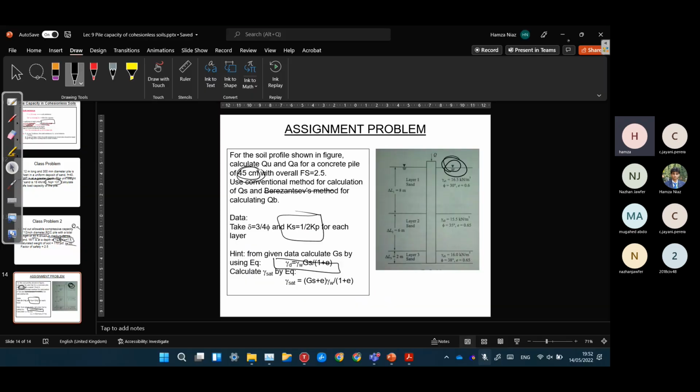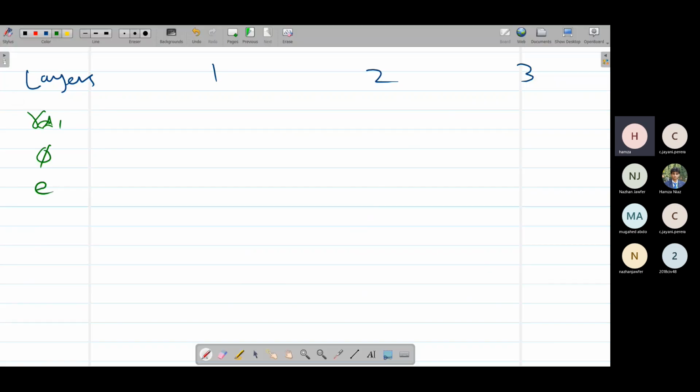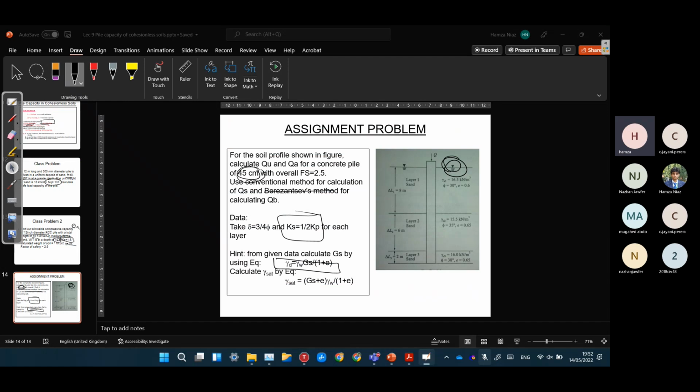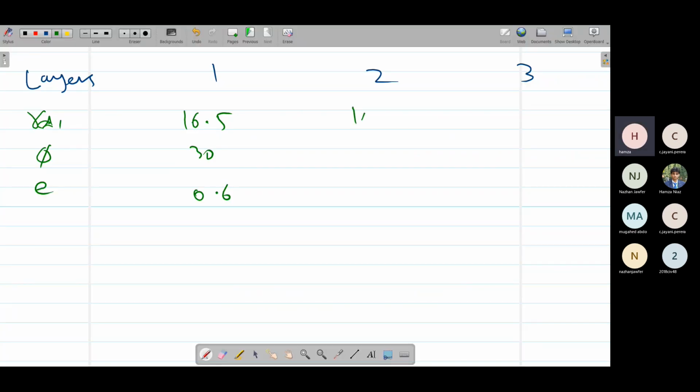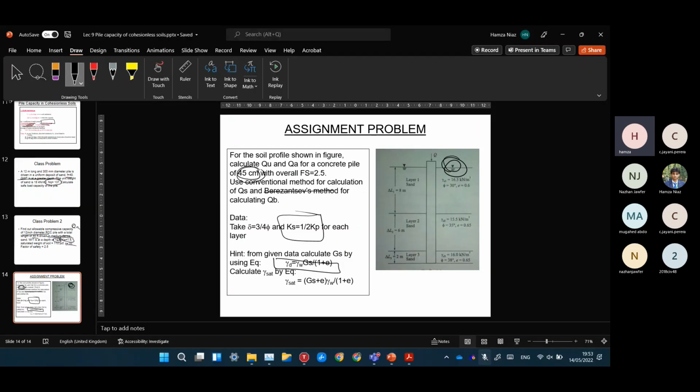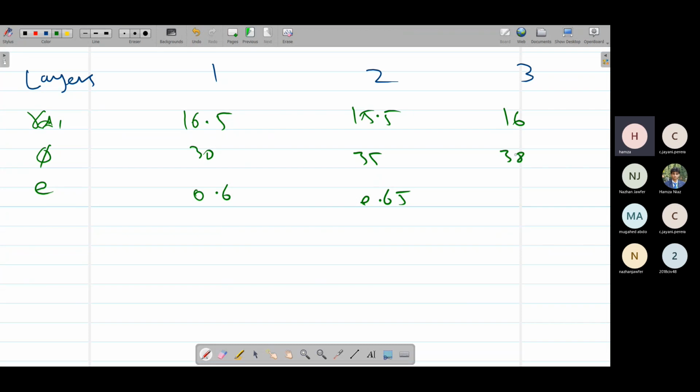So layer 1 is 16.5, 30.6. Layer 2 is 15.5, 35.65. The last one is 16, 38.65. So all these values are given in the question.